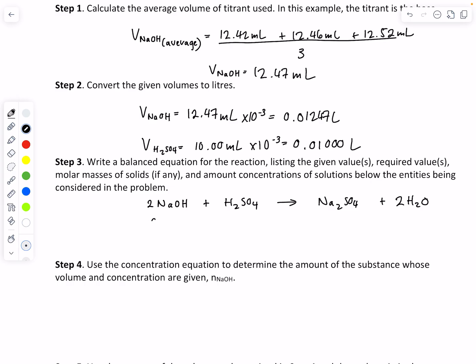We know that we have 0.01247 liters of sodium hydroxide for 10 milliliters, or 0.01 liters of H2SO4. We know the concentration is 0.100 moles per liter, and we need the concentration of H2SO4.